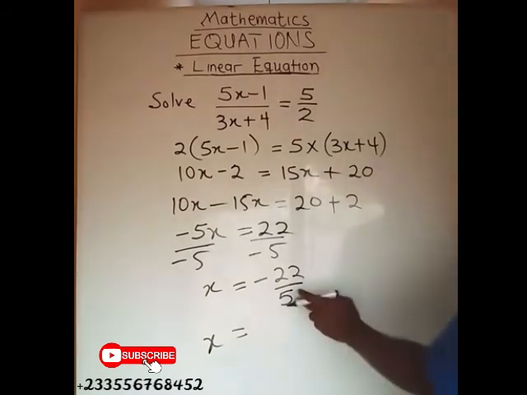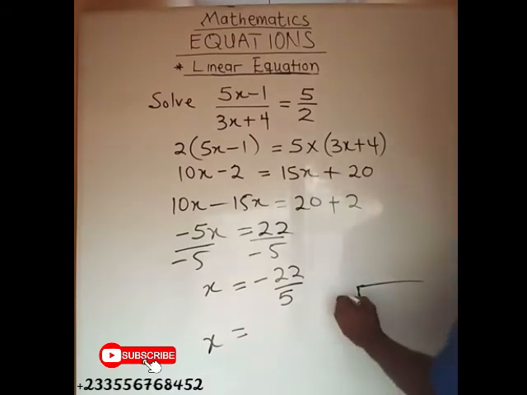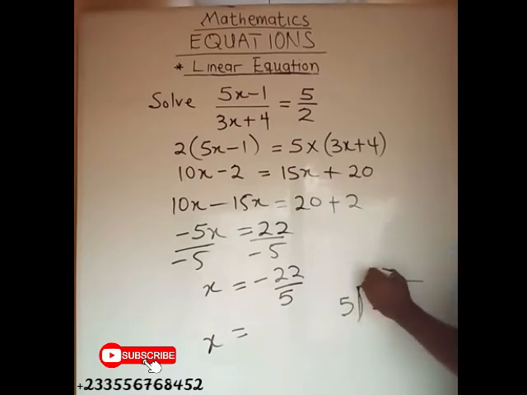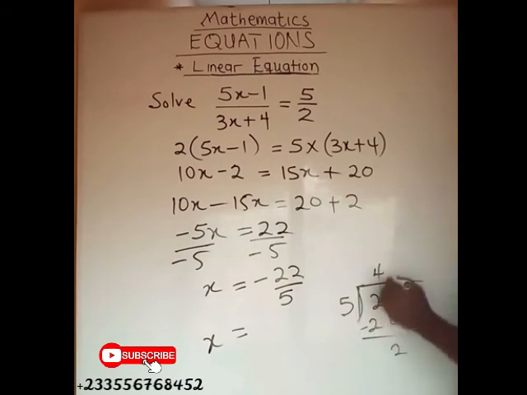When we want to change a number to mixed numbers, we use the long division method. So we put the denominator outside and put the numerator inside. So 5 will go into 22, 4 times. Remember 4 times 5 is 20. Subtract 20 from 22, you get 2. So we call it remainder 2.